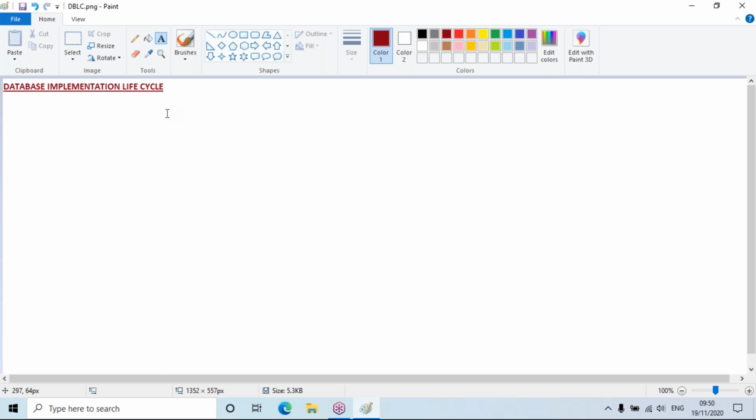Three things. In designing, who will be responsible? In development, what are the things responsible? In production, what are the things responsible? Once I complete this part, then we will get into Oracle. Once I complete this topic, in tomorrow's class itself, we'll come up with the introduction of Oracle as well.